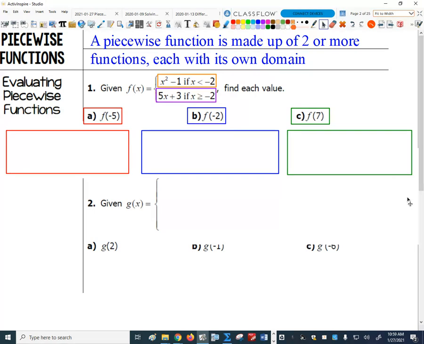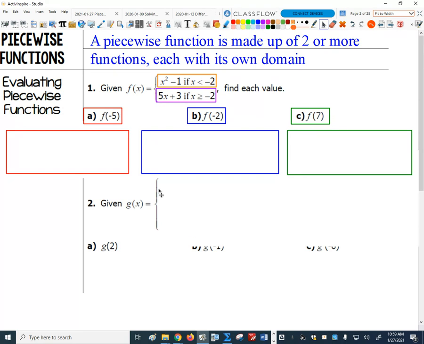Let's make this a little simpler for a second. When you see something like this down here, in example 2 where it says g of x equals, an open-ended curly bracket like that indicates you've got a piecewise function coming.